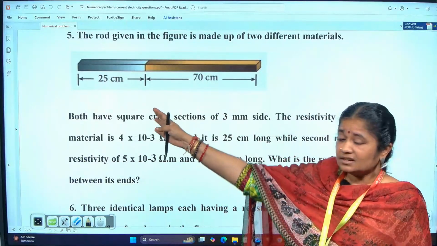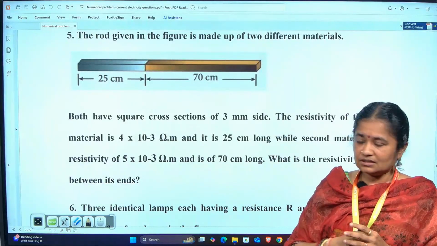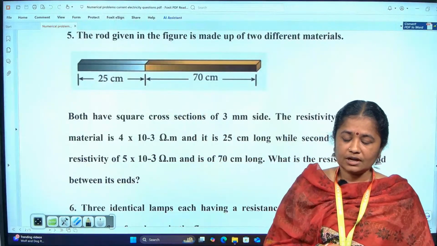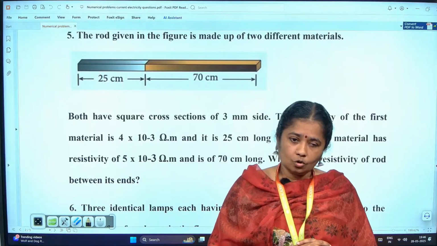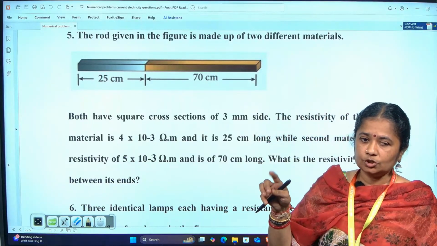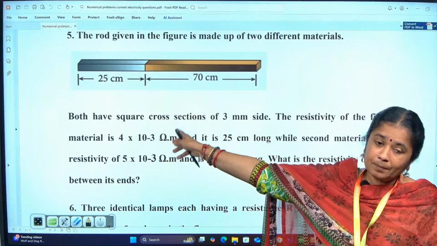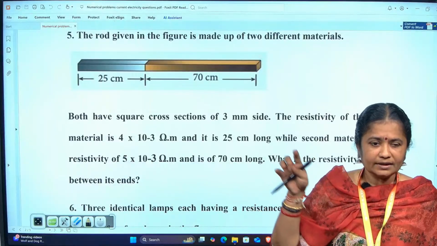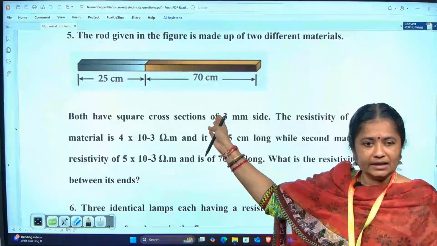You have to consider as if it is resistance in series. Consider this one as R1 and this one as R2. What is the formula for R? Rho L by A. So R1 will be equal to rho 1 L1 by A, because resistivity changes. You need not write A1 because A is common. Rho 1 L1 by A plus rho 2 L2 by A.